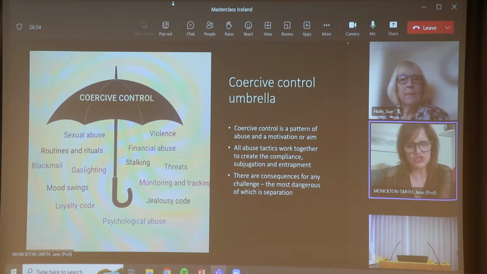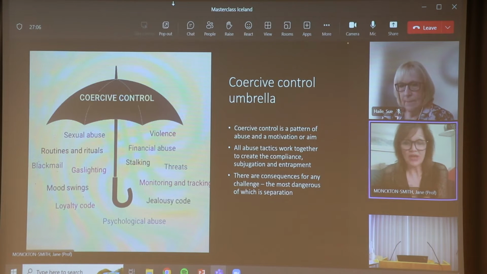So even if it's just pushing or shoving or sitting on somebody, that counts as violence when we're thinking about risk of what might happen in the future. But as you will know, in a lot of cases, there will be serious violence.